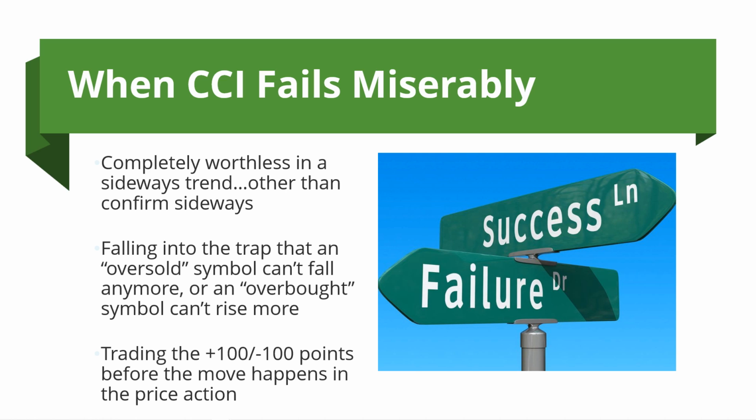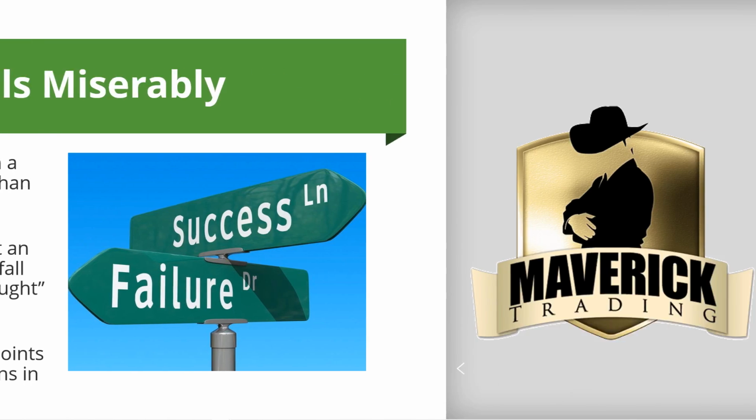It's just an indicator to let you know that, hey, we're outside of normal volatility, which to me says there's a lot of power behind whatever move it is, regardless of whether it's up or down. So trading the 100 or negative 100 points before the move happens, I just combined those two. Very common. You'll find that once you get good at it and this indicator is so consistent, you're going to anticipate it. Don't do that. That's a big no-no, and it creates some really bad habits.